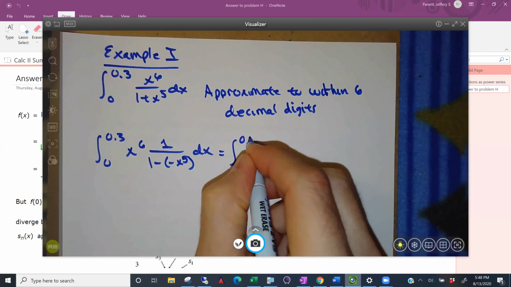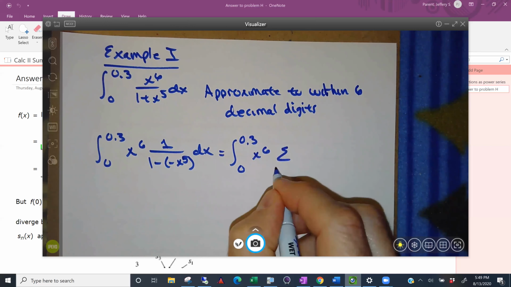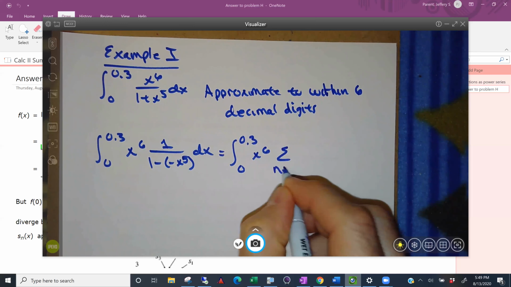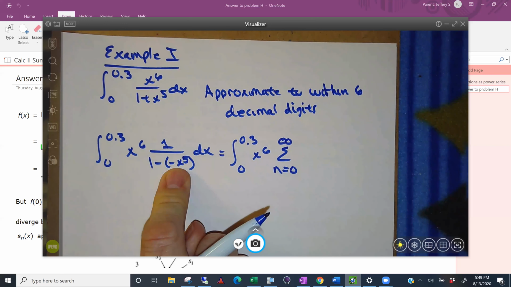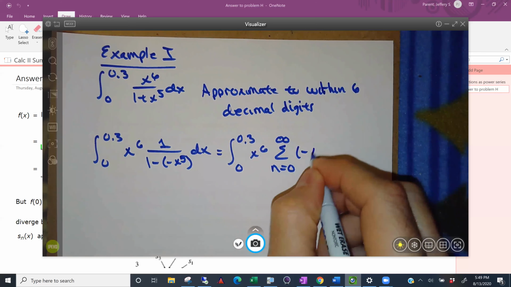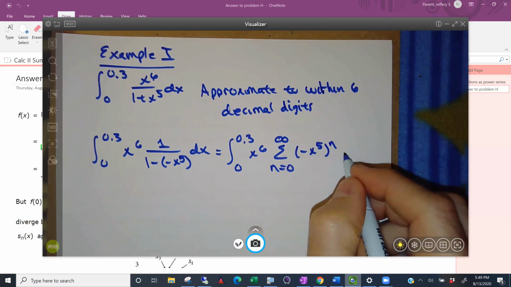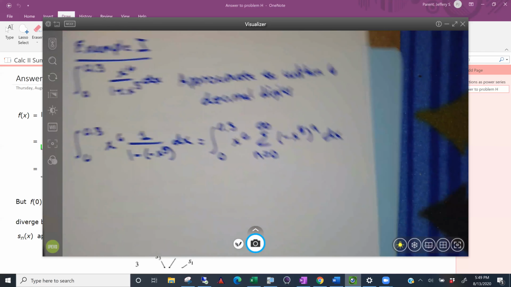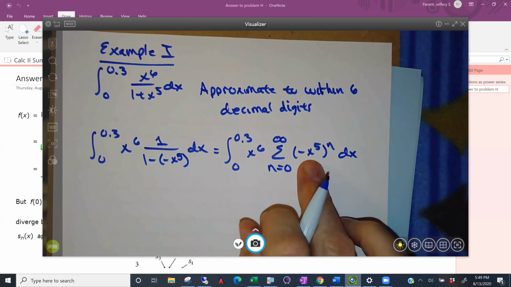It's because I'm going to replace this by a series. 0 to 0.3, x to the 6, the sum from n equals 0 to infinity of negative x to the 5th raised to the nth power, and then I still have my dx here. Now, it might be convenient to clean this up a little bit.